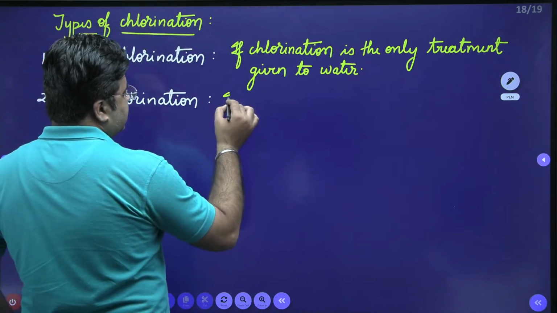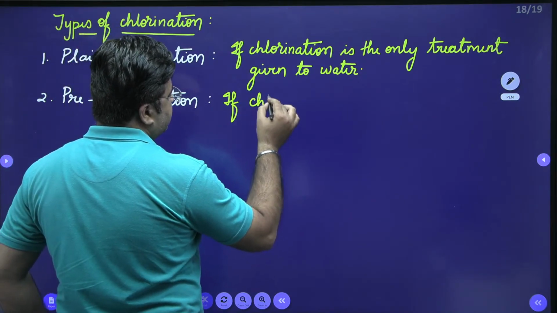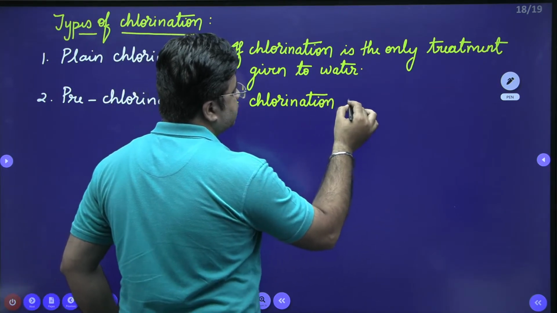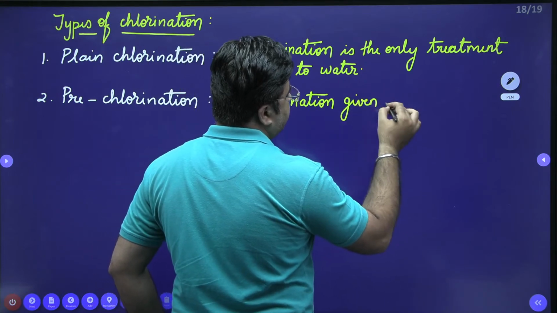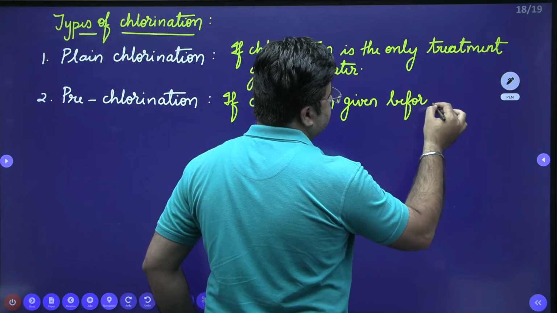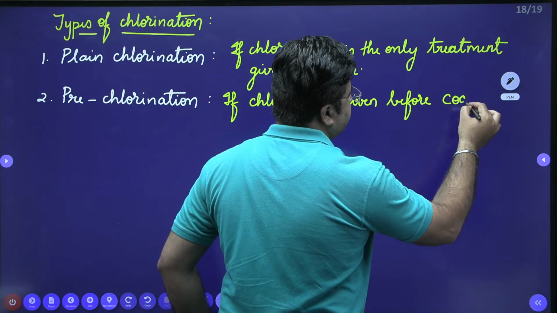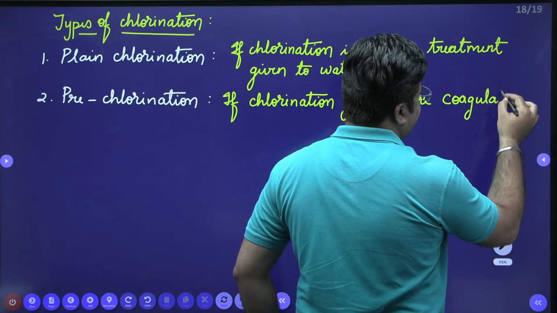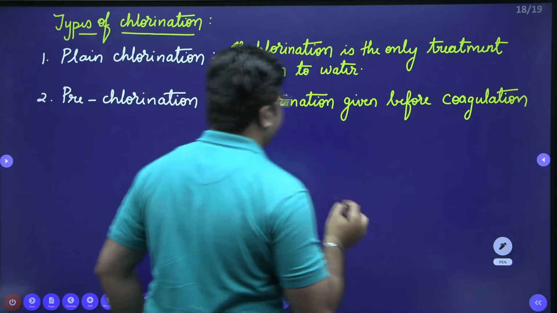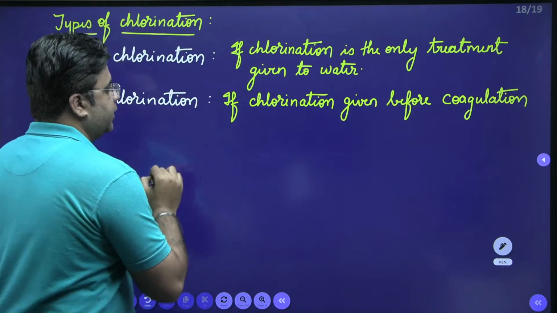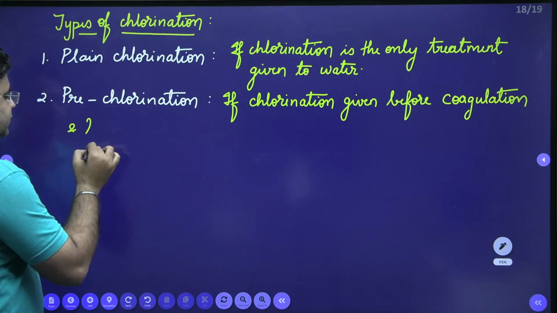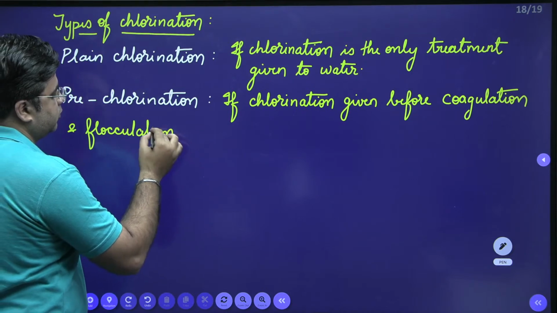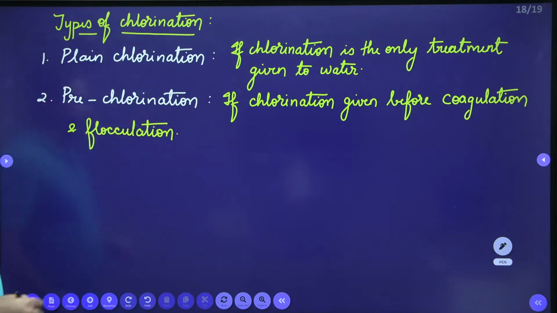So, if chlorination is given before coagulation and flocculation, it is termed as pre-chlorination.